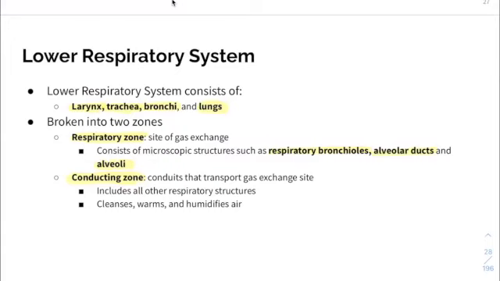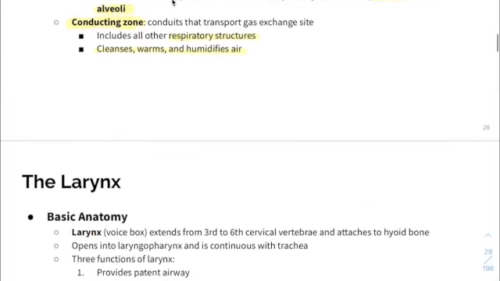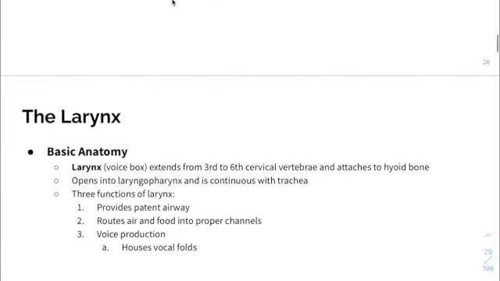That includes all of our respiratory structures, all the way up into our nose, our nasal concha, our nares, all of that is involved. Because that's what cleanses, warms, and humidifies the air that you breathe into your nose every day, every second.